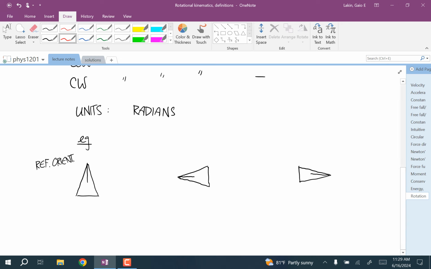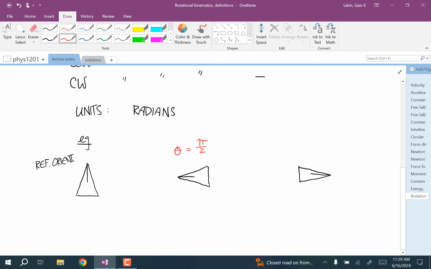Well, you would have to rotate from the reference orientation 90 degrees or pi over 2 radians counterclockwise to get to this one. And so in this case, theta is equal to, counterclockwise is positive, so this is positive pi over 2.